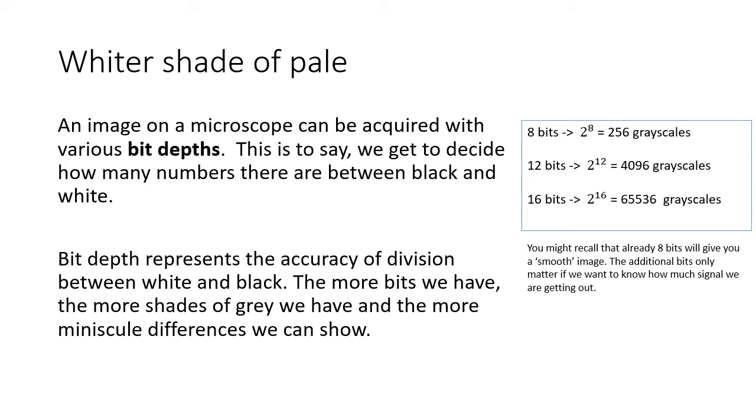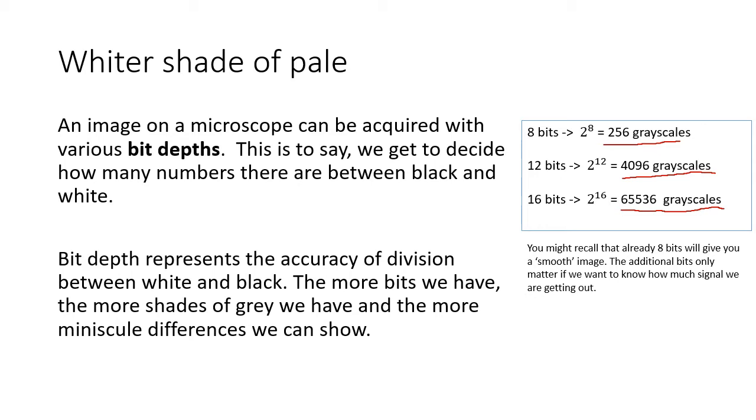If we have an 8-bit image, we get to have 256 grayscales. If we have a 12-bit image, we get a bit over 4,000 grayscales, and if we have a 16-bit image, we get to have 65,536 grayscales. Now, as you might remember, the 8 bits will already give you a smooth image to your human eyes.